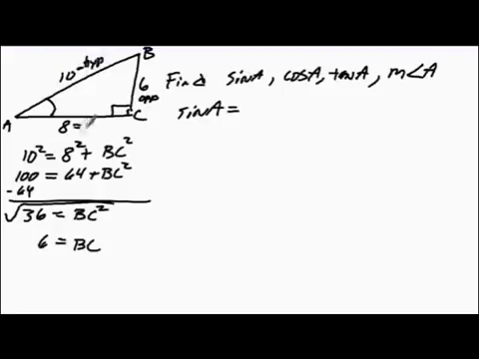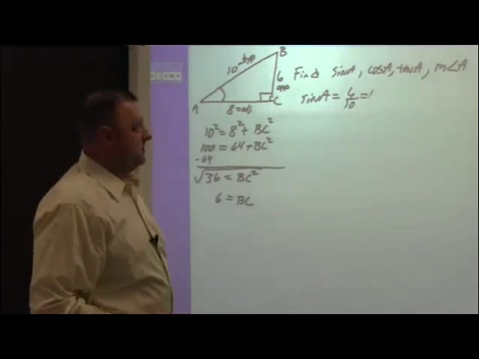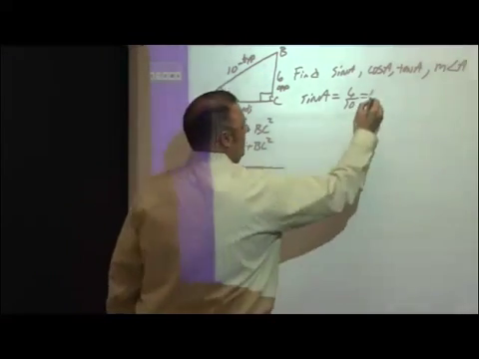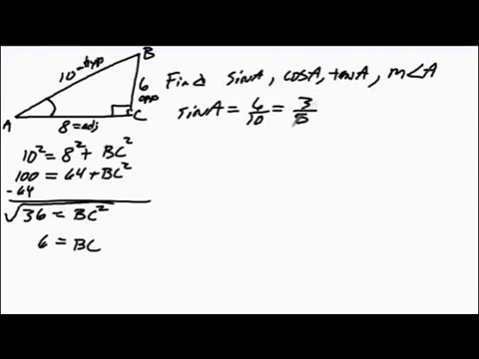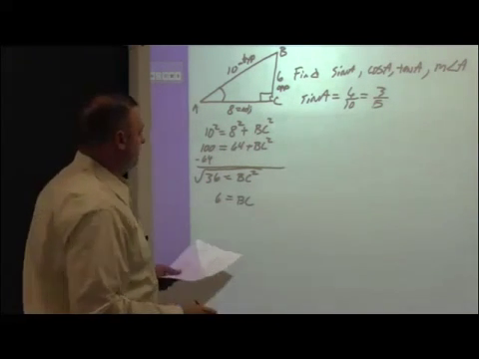And the adjacent of this angle A is going to be 8. So sine is opposite, which is 6, over the hypotenuse, which is 10. You better reduce it because I'm sure they're going to give you a reduced answer. Let's see, 2 goes into 6 3 times, and 5 times into 10. So you get 3/5 for sine of angle A.